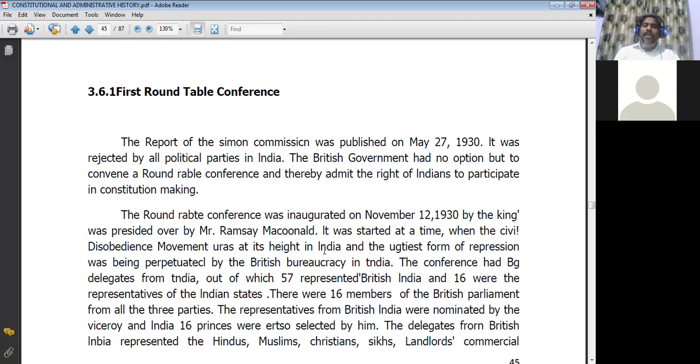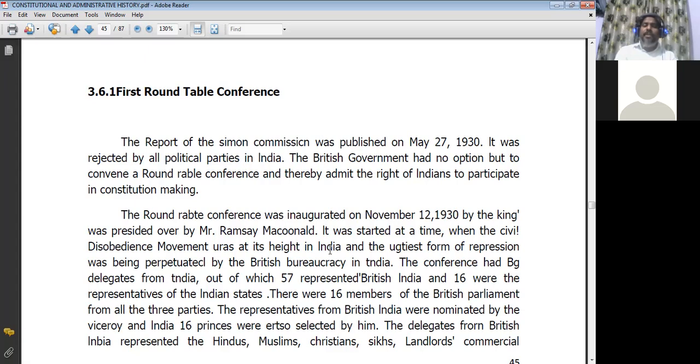The conference had 89 delegates, out of which 57 were representatives from British India and 16 were from the princely Indian states. There were 16 members of the British Parliament from all three parties.